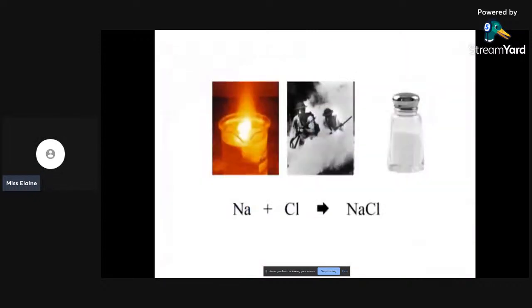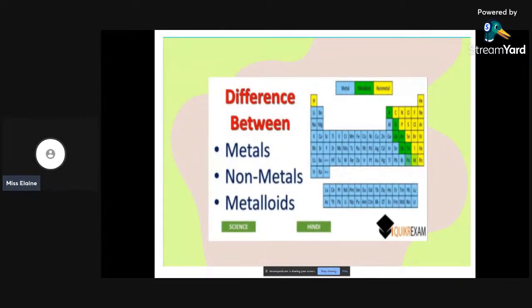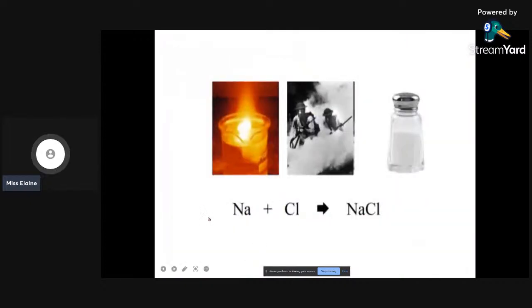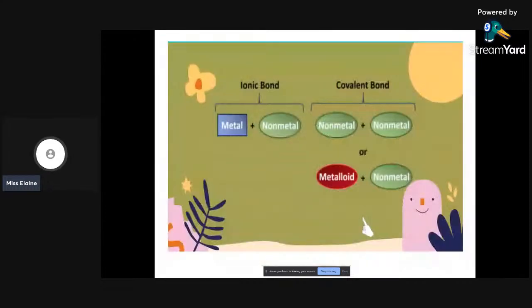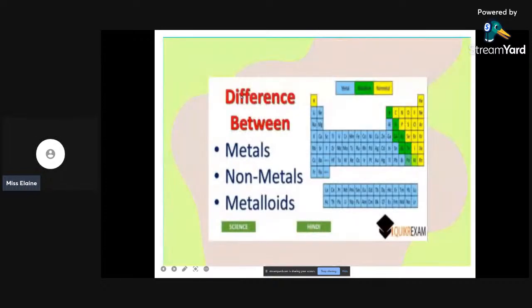Sodium is a metal, while Cl is a non-metal. So, metal plus non-metal, what bond? Ionic bond. Metal plus non-metal is considered an ionic bond.